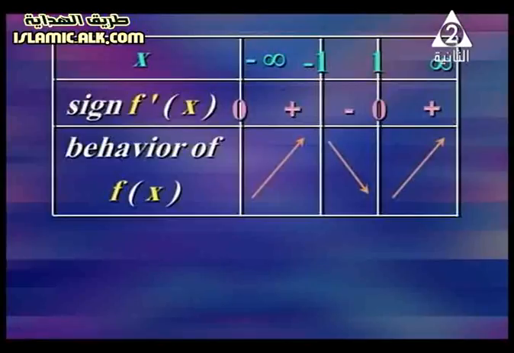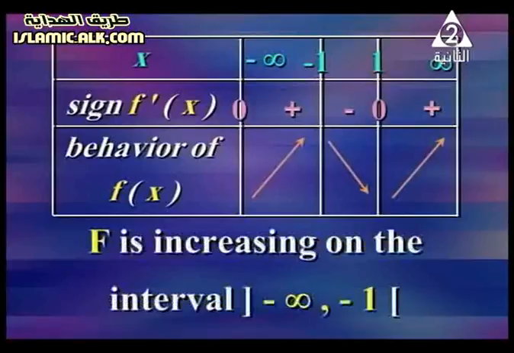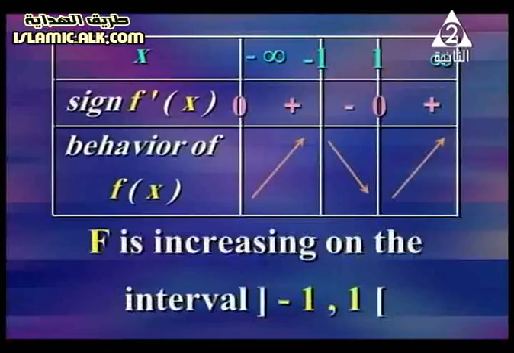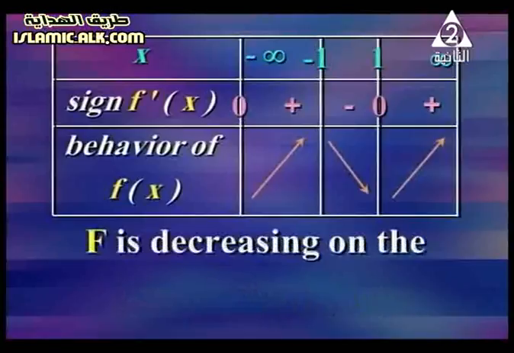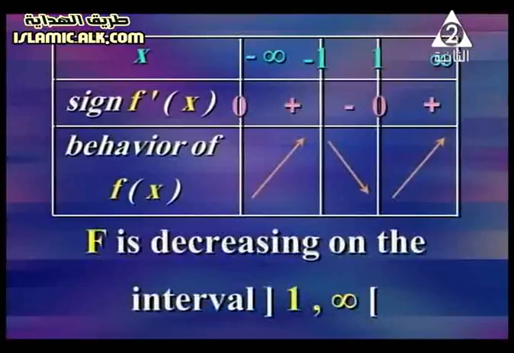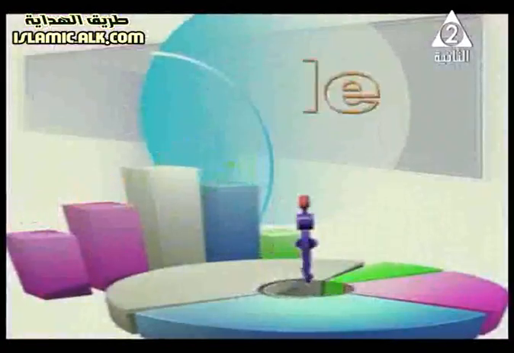Why? Because the sign of f dash is positive. Then the function f is increasing on the interval from negative infinity to negative 1, decreasing from negative 1 to 1, and increasing from 1 to infinity.